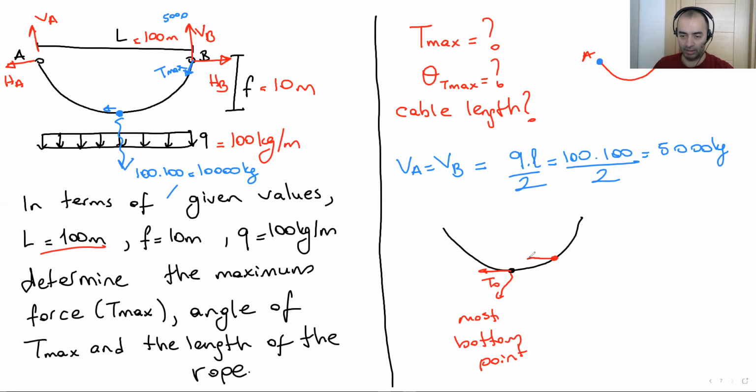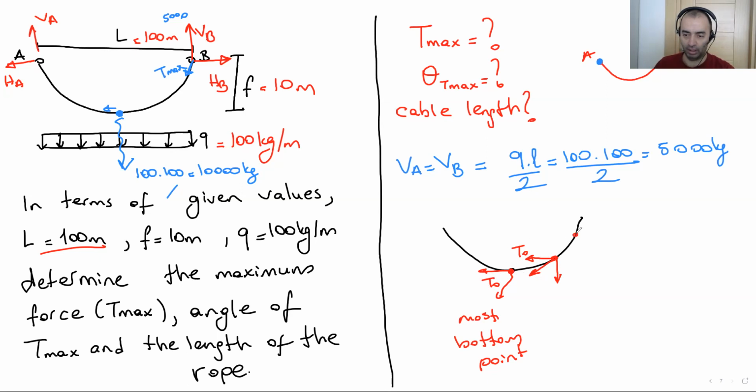We have this T0, it's constant all the way up to the support, but at the same time we have a vertical component here. So here the tension force is higher than at the bottom point.